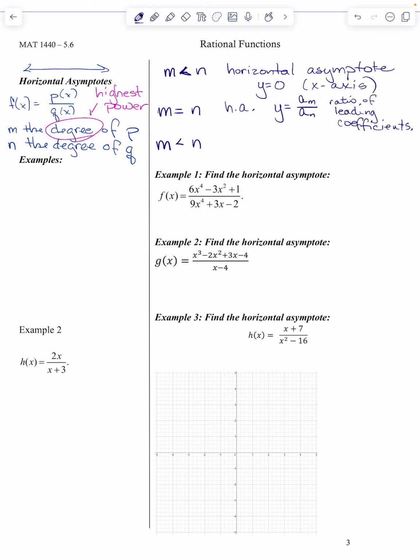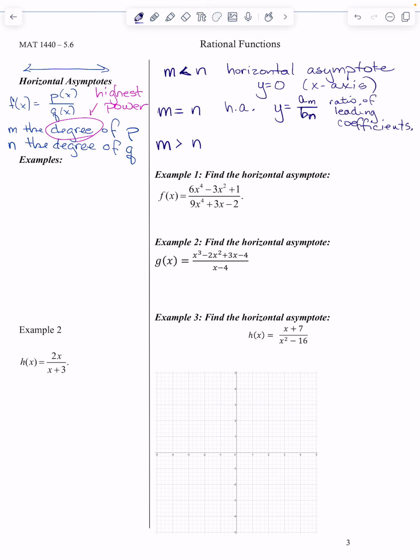Maybe I shouldn't use A for both. Let's use B for the bottom. Not that it really matters, but they're both just variables. B sub n. And nobody corrected me here.